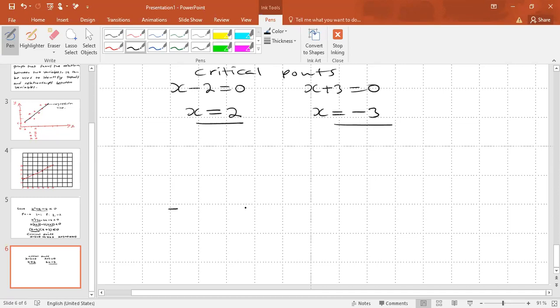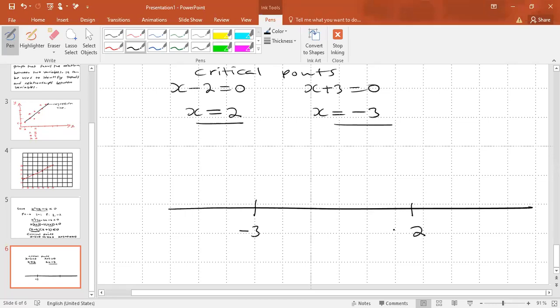Then to make your life easier, as per tradition, as per our agreement, you come up with a number line. So on the number line, you are going to have 2 points. The smaller one, negative 3. The bigger one, 2.